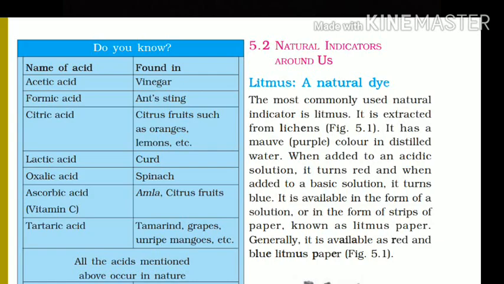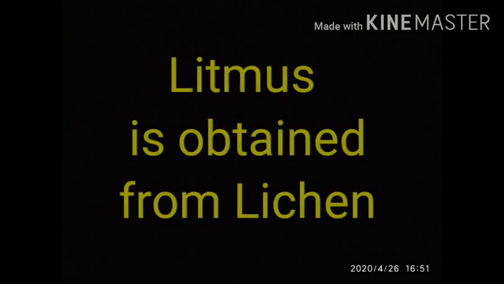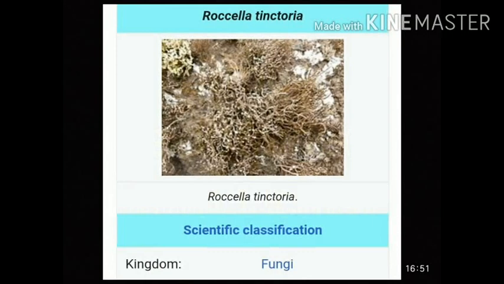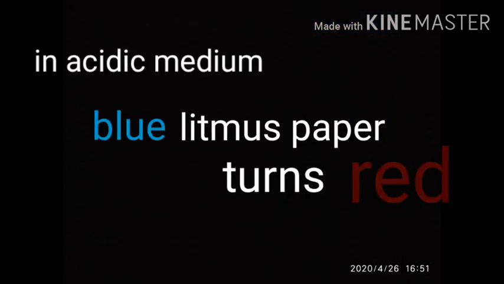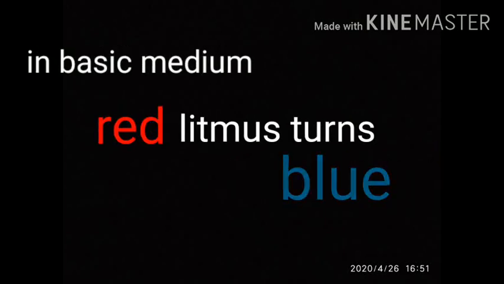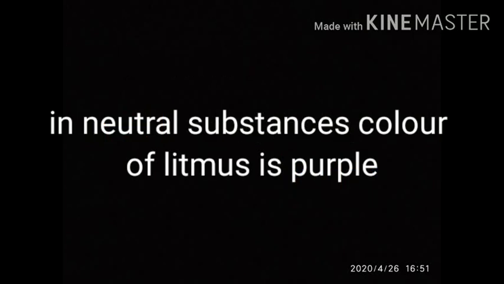Litmus is obtained from a small plant called lichen. Litmus paper turns red in acidic medium and blue in basic solutions. In a neutral substance like water, it doesn't change the color of red or blue litmus paper, right?